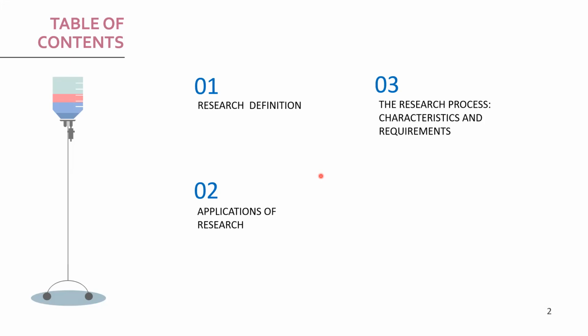Third is research process. In research process, two important elements that you will learn are characteristics and requirements in a research. And the last one is types of research.